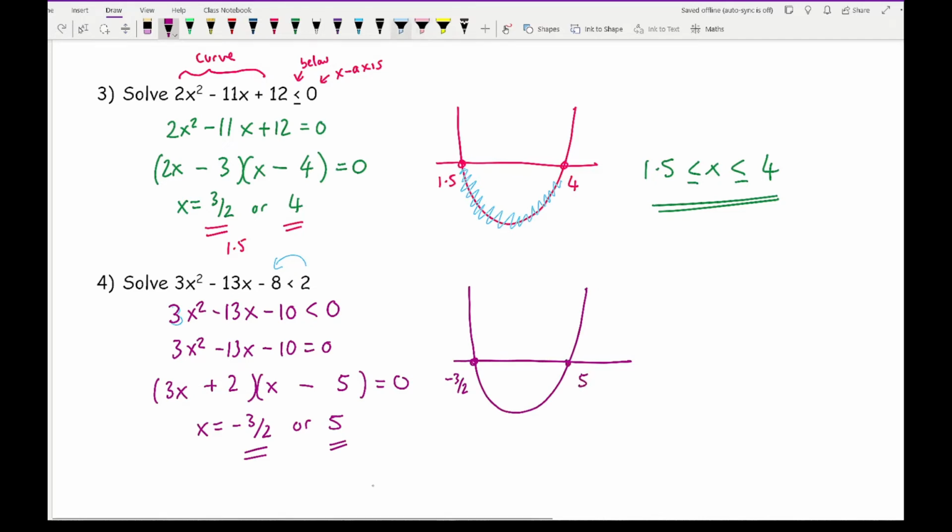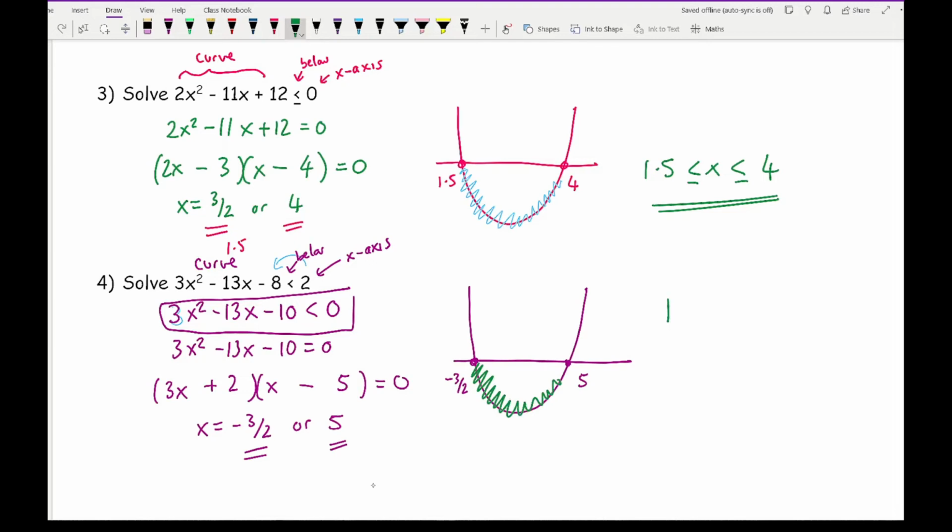And again, looking at the question, I'm wanting where the curve is below the x-axis. Now really I shouldn't be using that, I should be using this instead, but the same thing kind of applies. And so I'm wanting this region here.